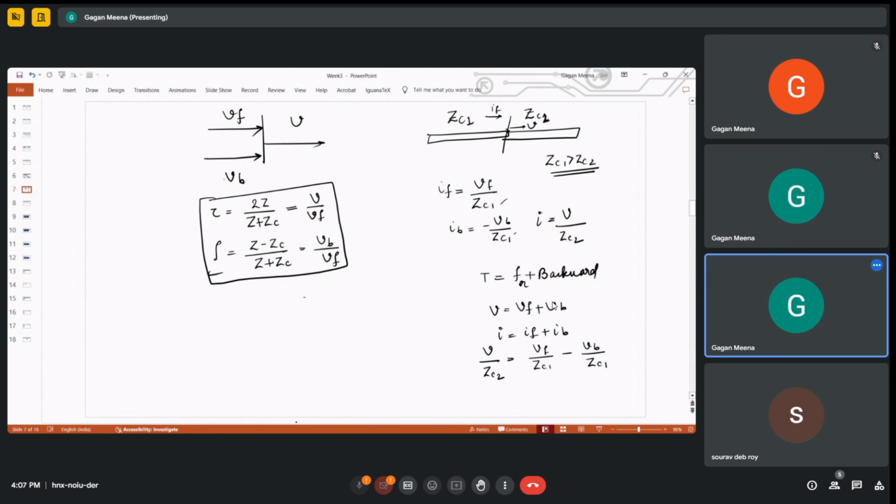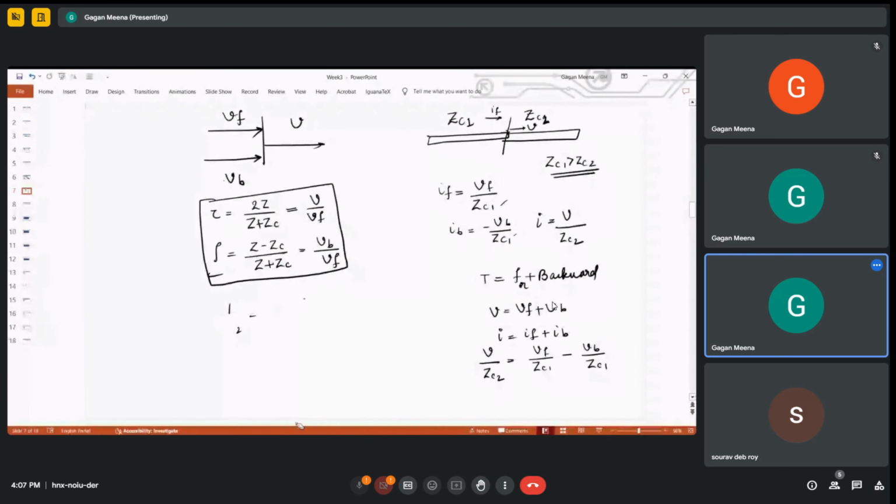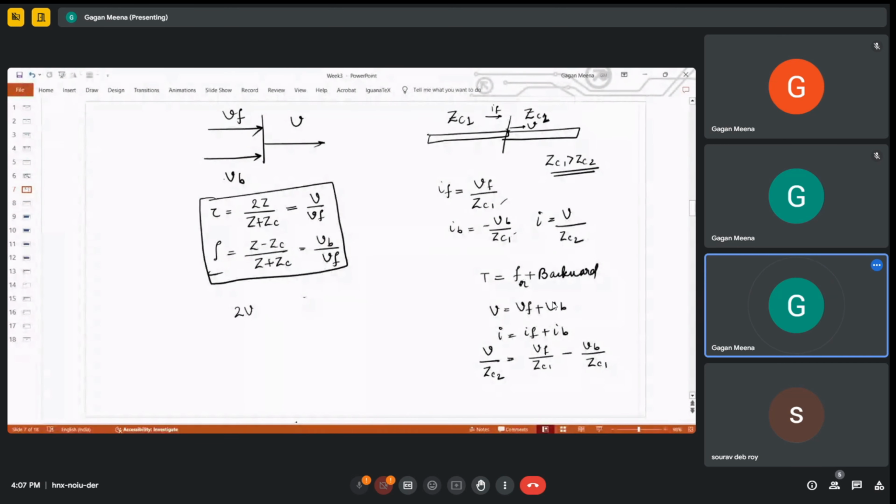So it becomes 2VF is equal to 1 plus ZC1 by ZC2 into V. So V divided by VF will become 2ZC2 divided by ZC1 plus ZC2.